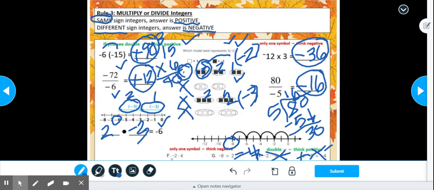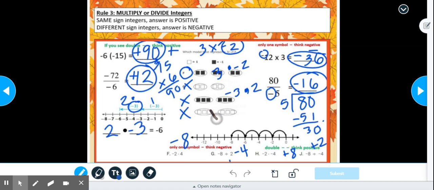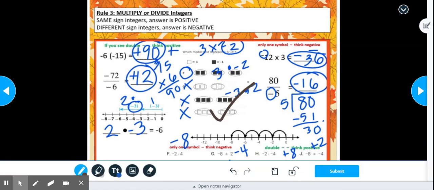Or do we have -2 multiplied into 4 groups? -2, -2, -2, -2, and we have 4 groups. So the correct answer should have been -2 times 4, and that does equal -8. Okay, and just checking our answers there as we move along.